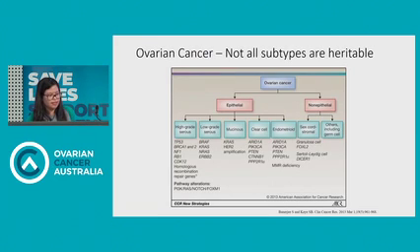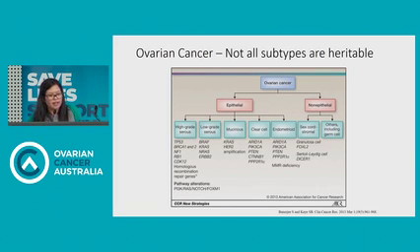The second thing to say is that ovarian cancer is not a uniform disease when we think about the genetics. Not all subtypes of ovarian cancer are heritable. We can divide ovarian cancer into epithelial and non-epithelial ovarian cancer. Epithelial ovarian cancers are those arising from the surface of the ovaries or the fallopian tubes.